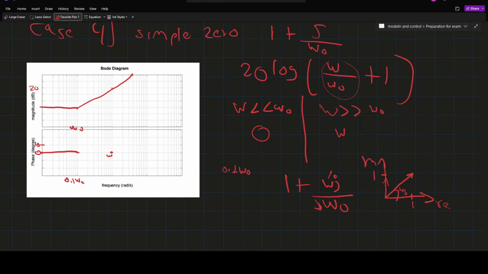Here we are going to have 45 degrees, and here, when omega is a lot bigger than omega naught, we are going to have 90 degrees, and it's just going to stay like that as omega keeps growing.